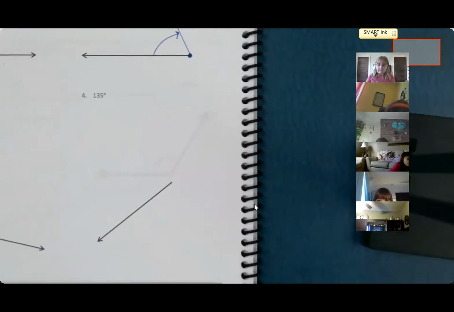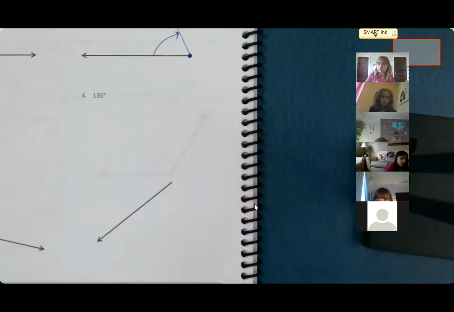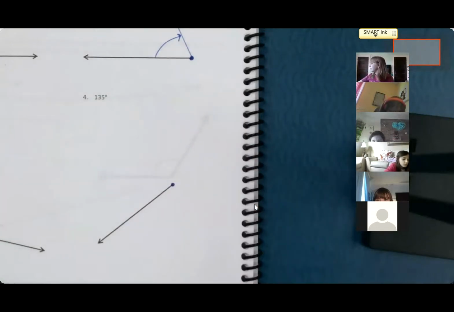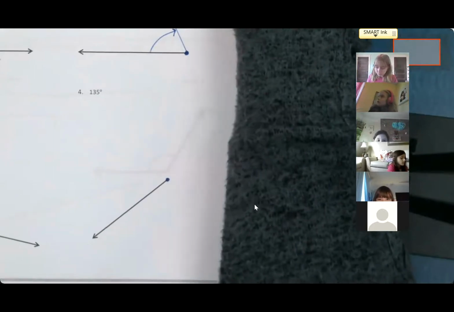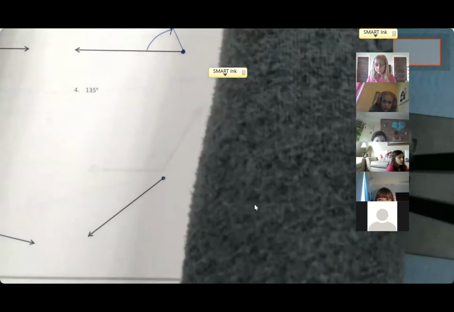Okay, now here's your ray. We're going to make our endpoint, and we're going to be drawing a 135-degree angle. So what's the first thing that I need to do?